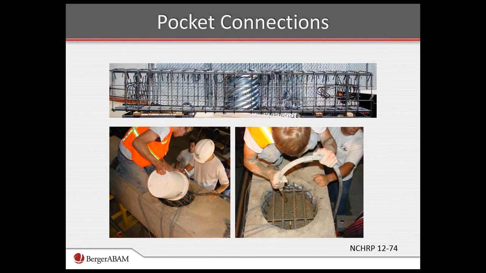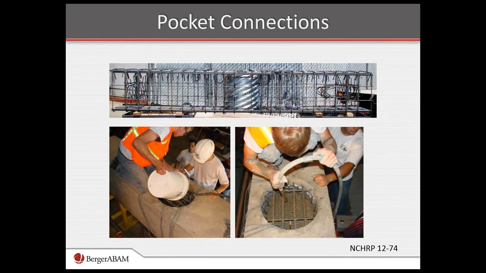You can see the detailing on the side there in the cage at the top. So this is a type of connection that's been conceptualized, tested in the laboratory. I'm not aware that it's been deployed on any or many different applications.